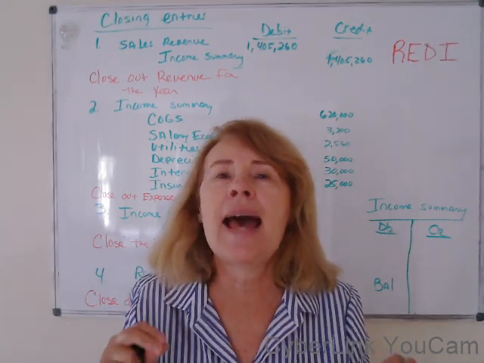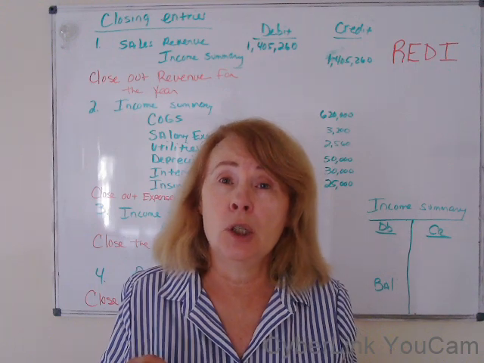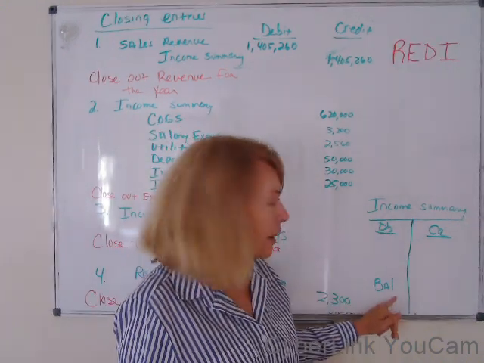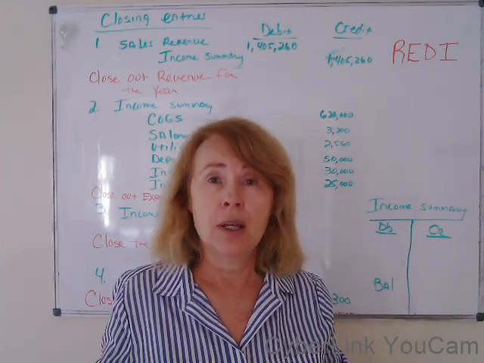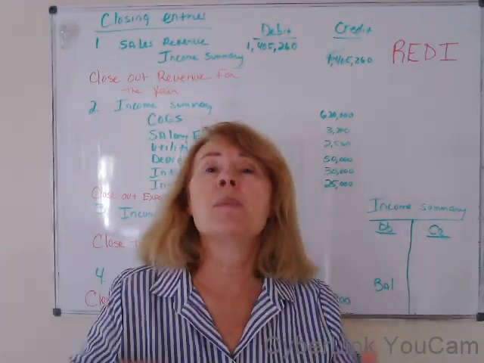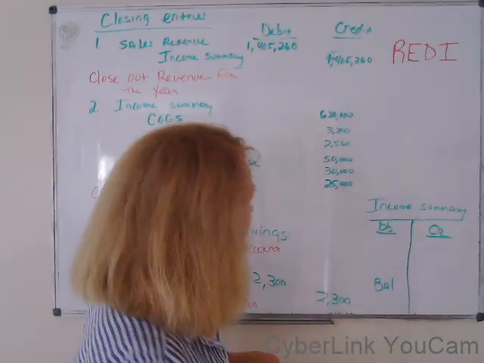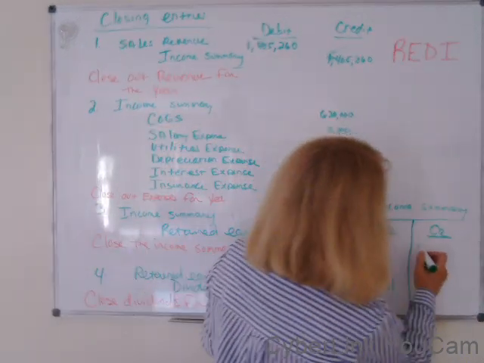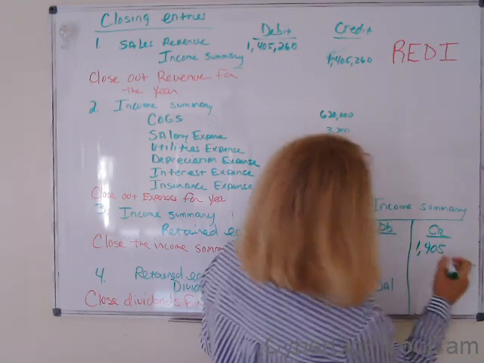It doesn't have one. It will only be used when you close. You will notice that you will totally wipe out this entire account. It will have a zero balance by the time we're done. Right now, when we closed revenue, I credited this account $1,405,260.